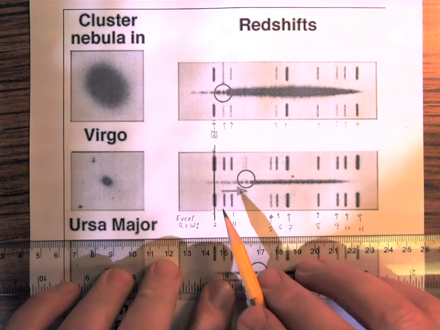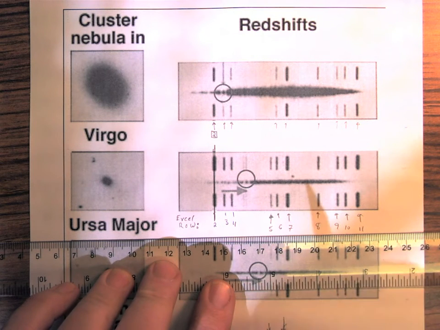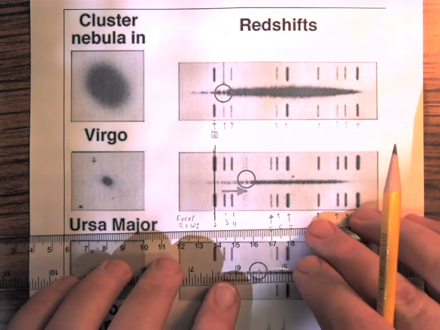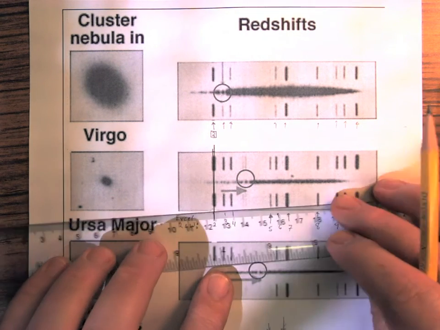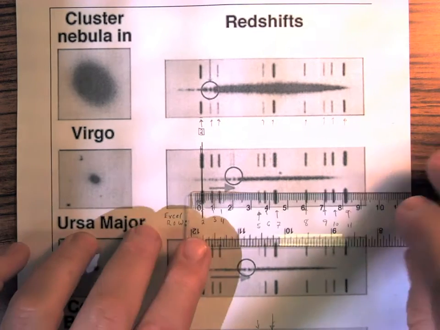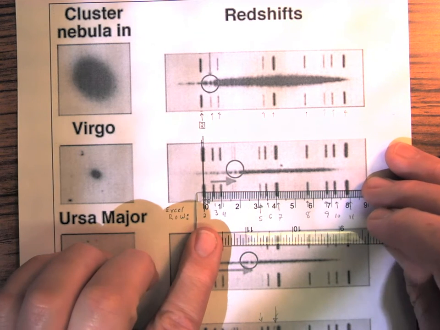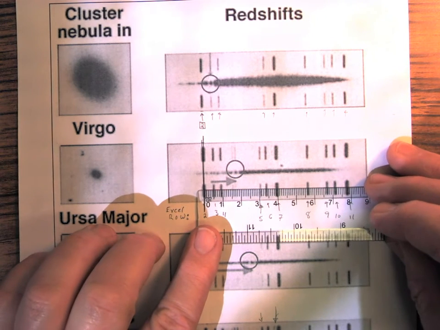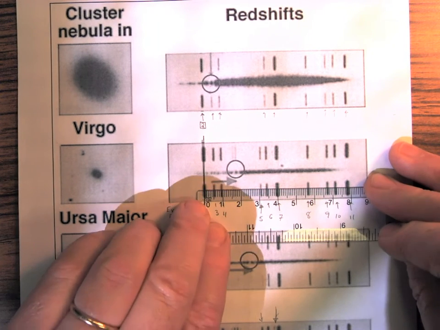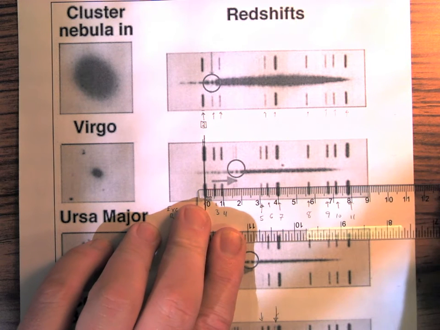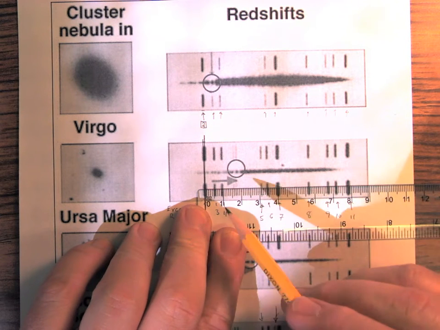Now I'm going to measure the distance from here to each of these, and as long as you are consistent with units, you should be fine. Just remember that if you don't use millimeters, to change the Excel spreadsheet accordingly. So I'm going to put my 0 right here. All right, and this is lined up pretty good.